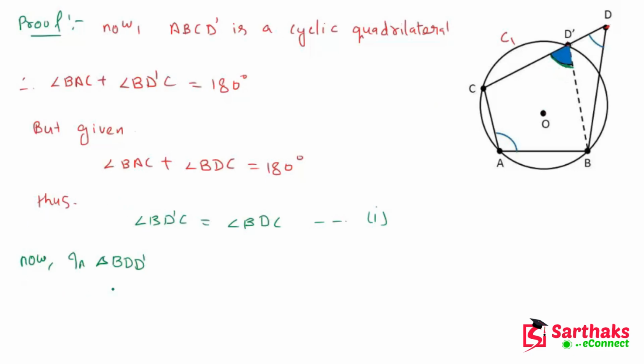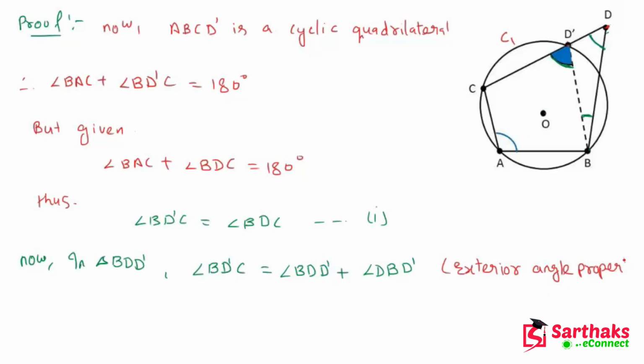So by the exterior angle property we can write angle BD dash C is equal to angle BDD dash plus angle DBD dash, this angle plus this angle. This is by the exterior angle property.